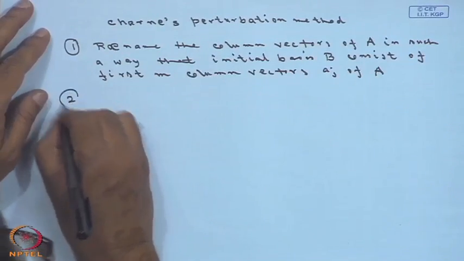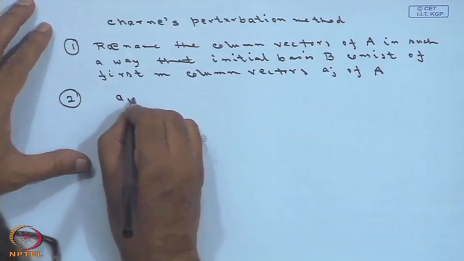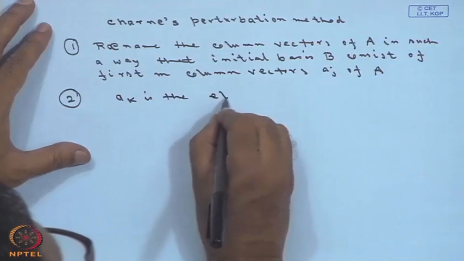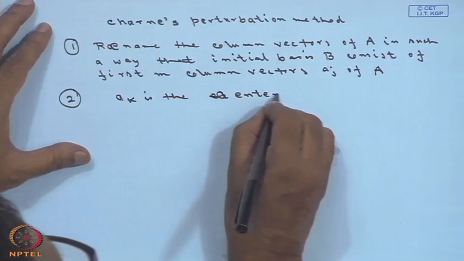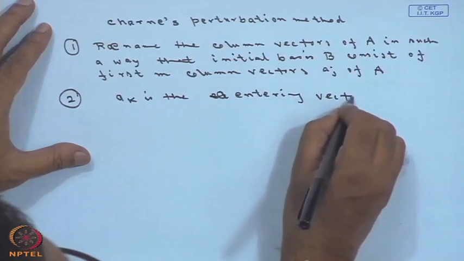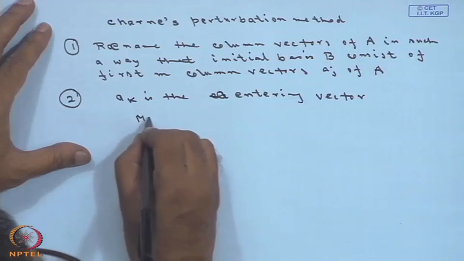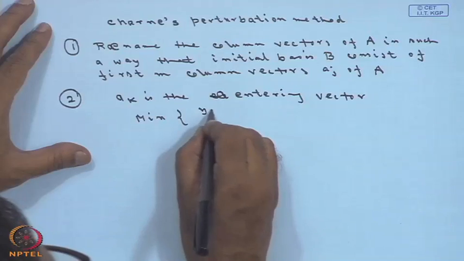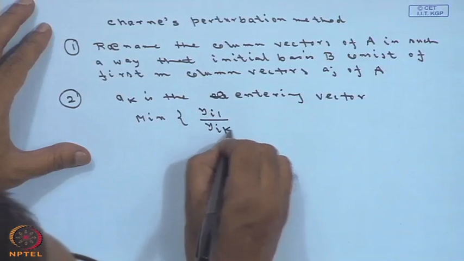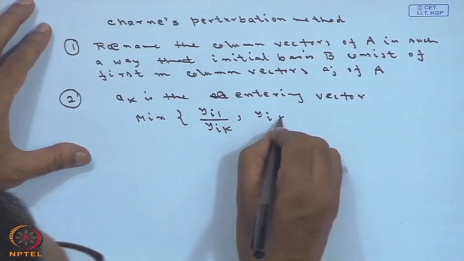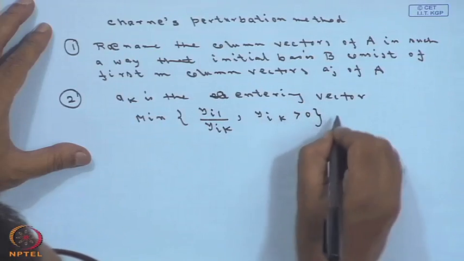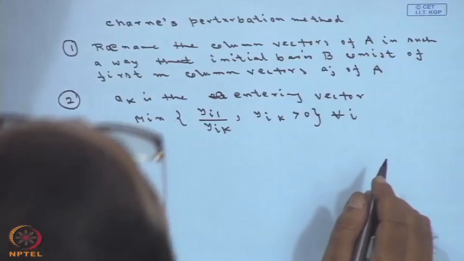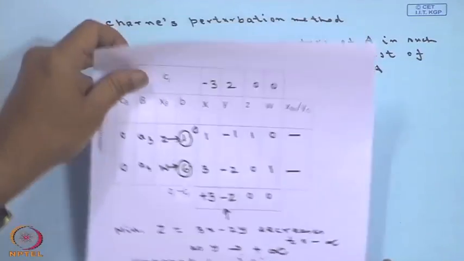Once you have done this, I know what is the entering vector. So, suppose A_k is the entering vector. You compute now the minimum of y_i1 by y_ik, y_ik greater than 0 for all i, meaning the rows. Let me take just one example.